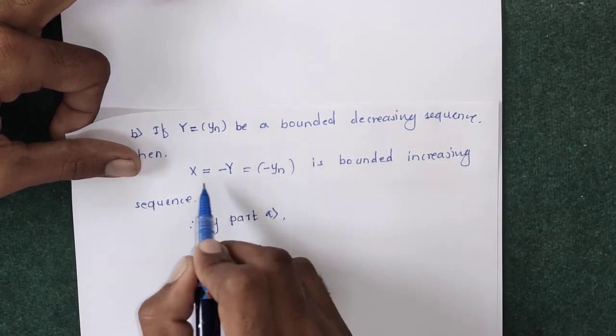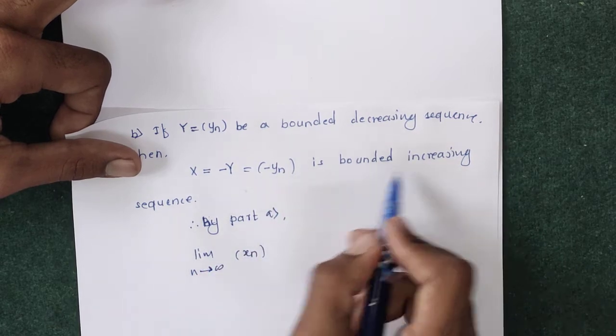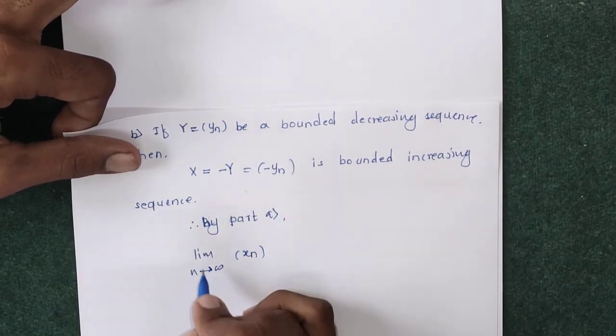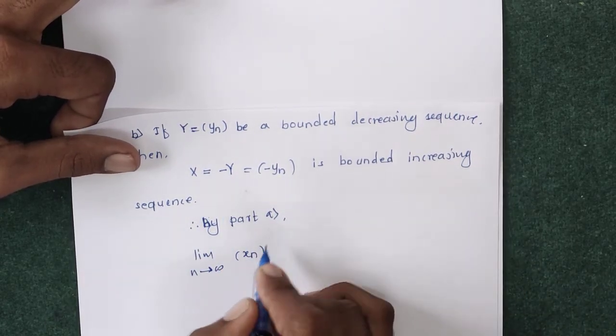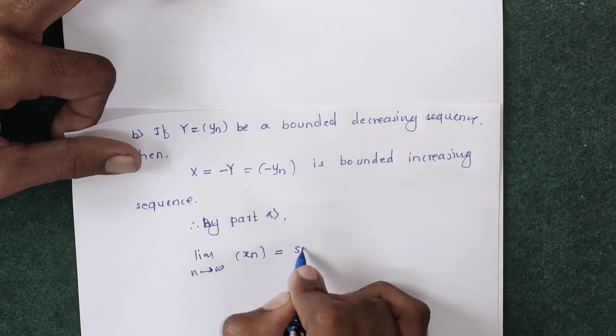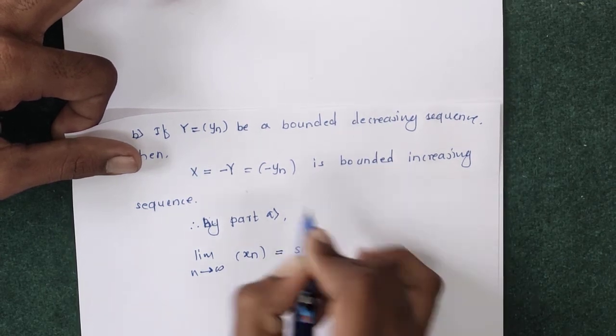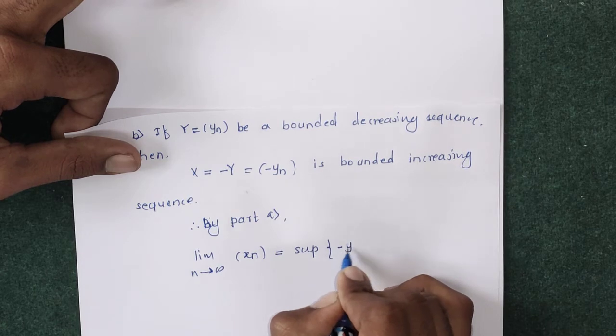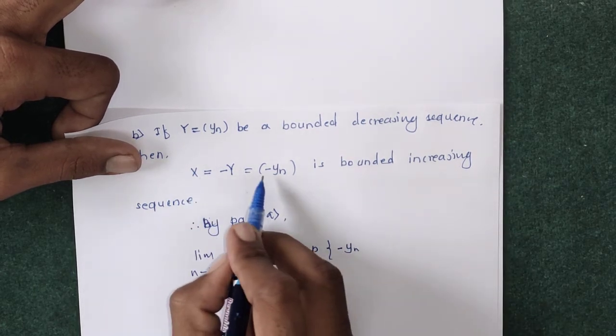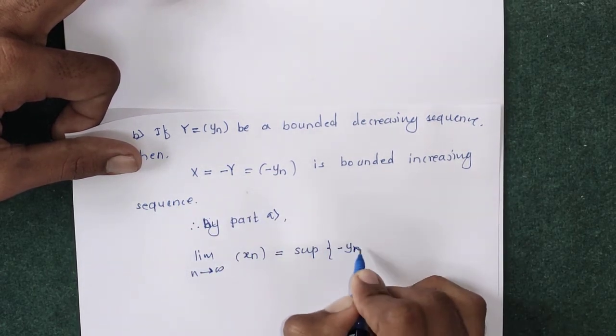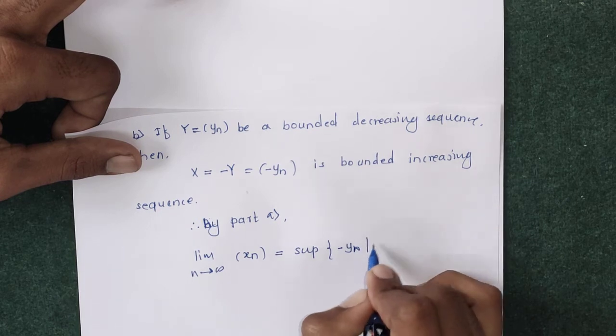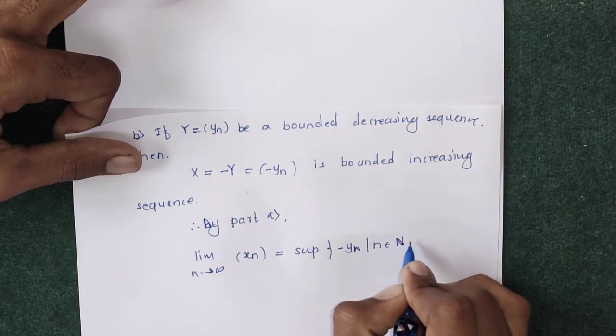Clearly minus yn is a bounded increasing sequence. So by part A, the limit as n tends to infinity of xn is equal to the supremum of minus yn, because xn equals minus yn, such that n belongs to the set of natural numbers.